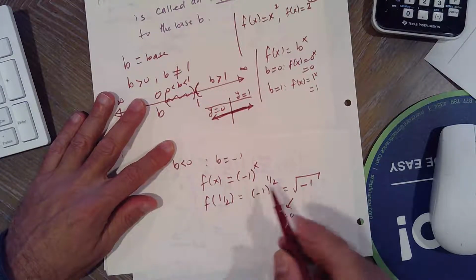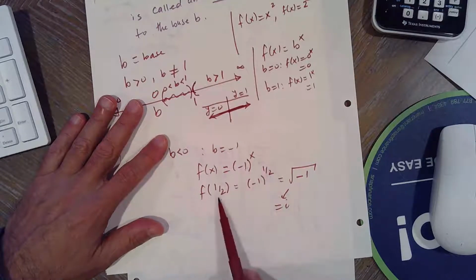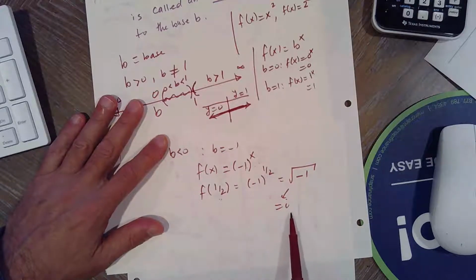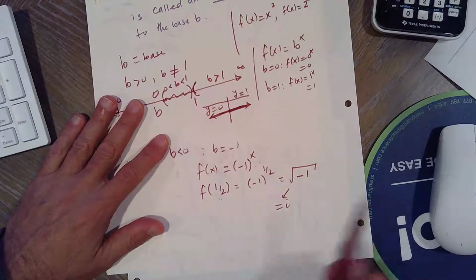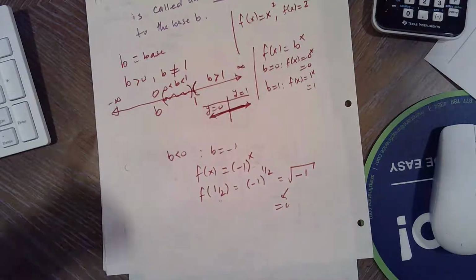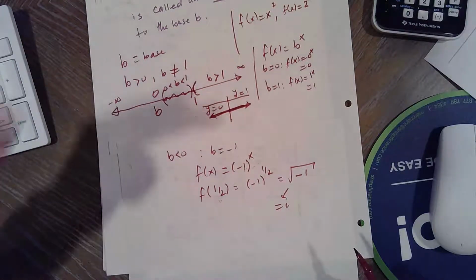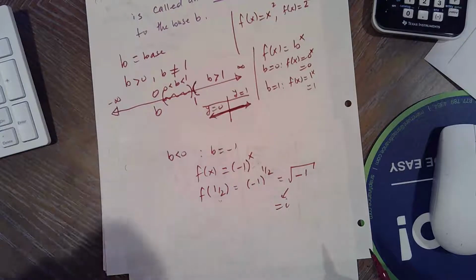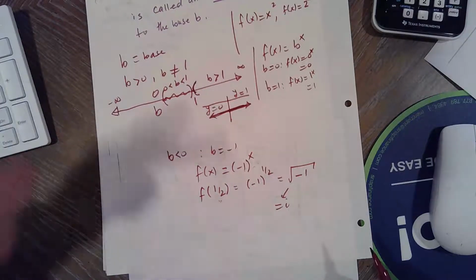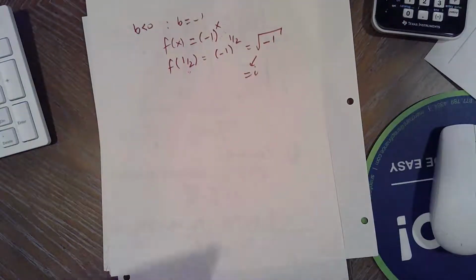So we cannot have a negative base, because for some values of x you end up with imaginary numbers, and we cannot accept that when we're graphing. That's why we have no 0, no 1, and no negatives in the base when we're talking about exponential functions.